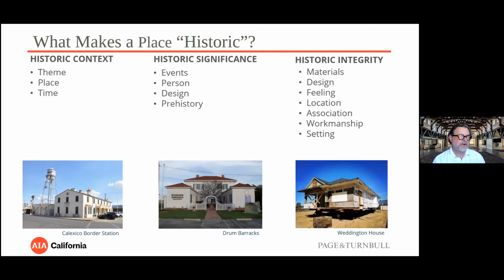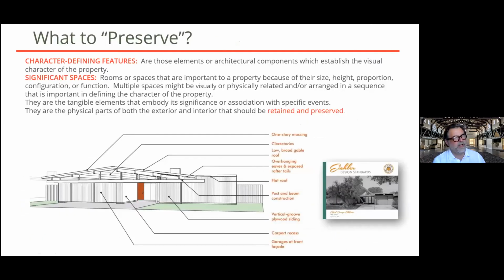And the historic integrity pieces really start to translate into what do we preserve when we're thinking about a building. So we, as a firm, look at character defining features and significant spaces, which are the architectural components, pieces, parts, which establish a visual character of the property. And then we can have significant spaces or important spaces that help us understand the nature of the property.